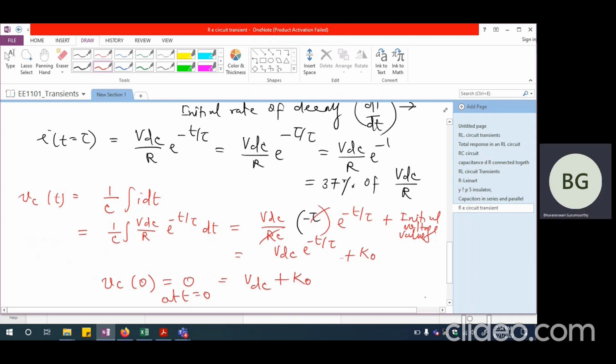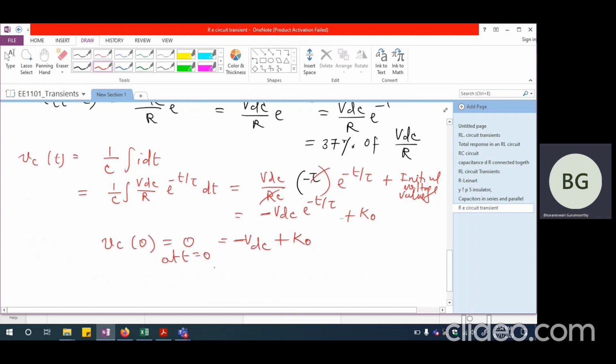I have missed out a minus sign here, so minus VDC plus K naught equal to 0. So K naught is going to be VDC itself. This is not even the initial voltage value; this is the constant of integration. So the constant of integration comes out to be VDC.